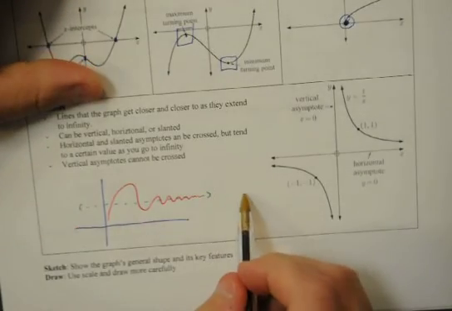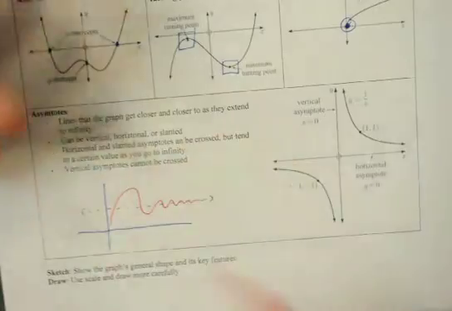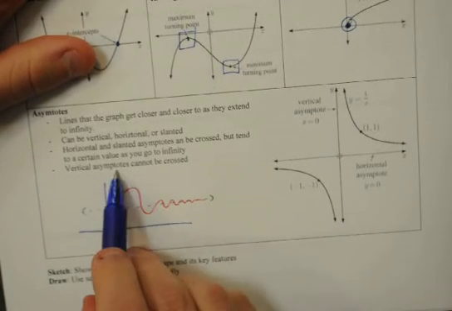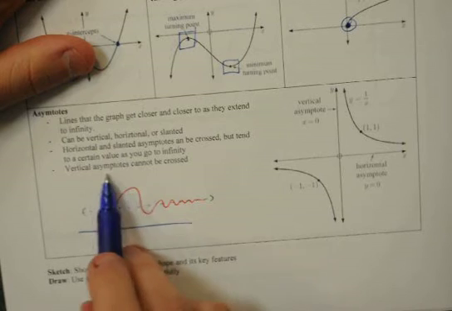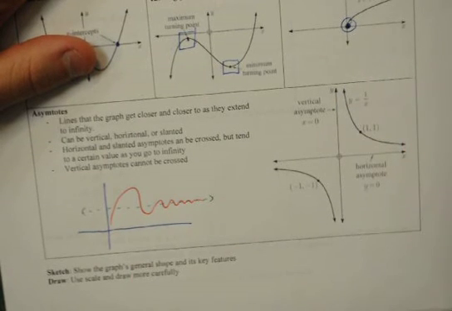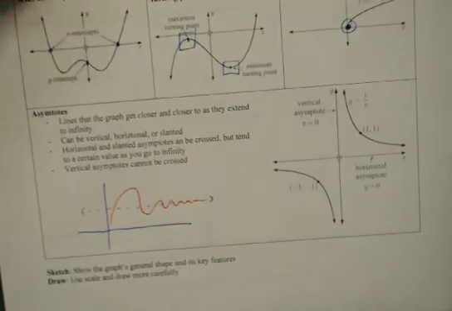But as it goes to infinity, they become one. They become each other, but they never be each other. Vertical asymptotes, on the other hand, cannot be crossed. You're stuck. You cannot cross the vertical asymptote. You can cross horizontal asymptotes, but you can't cross vertical asymptotes.